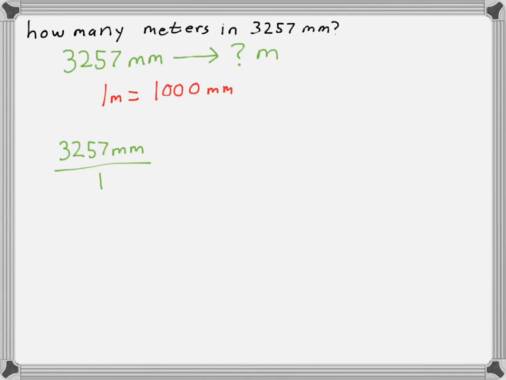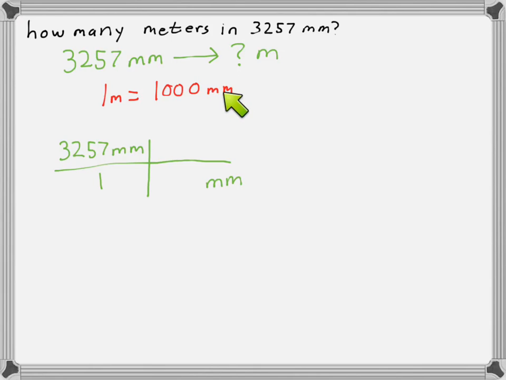Now the way that picket fence or dimensional analysis works is actually very simple. I'm just going to draw a little line and then diagonally connect this. What that means is I'm going to take this millimeter here and write it at the bottom of a fraction over here. So if I continue the fraction line out here, I'm going to write millimeters. Now if you refer back to right here, you'll see that 1 meter is equal to 1,000 millimeters, and all I'm interested in right now is the units.